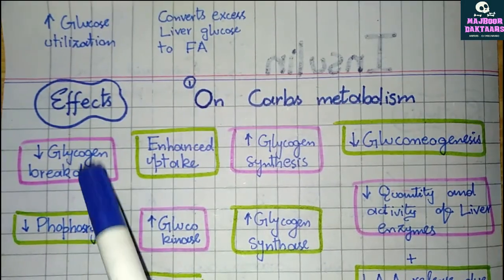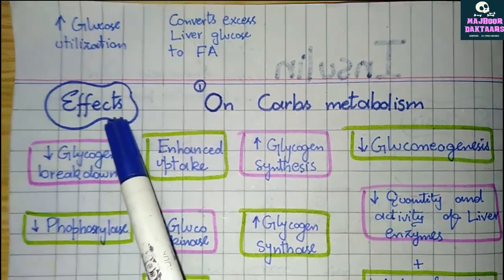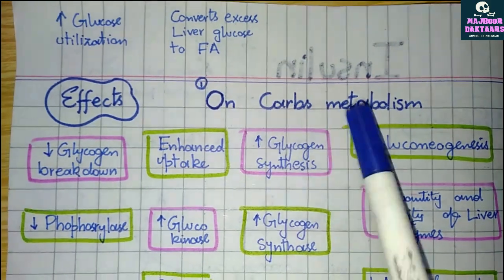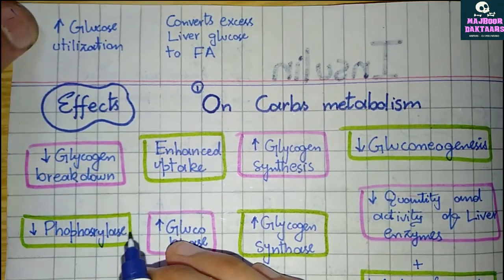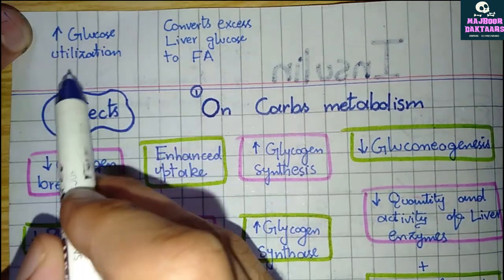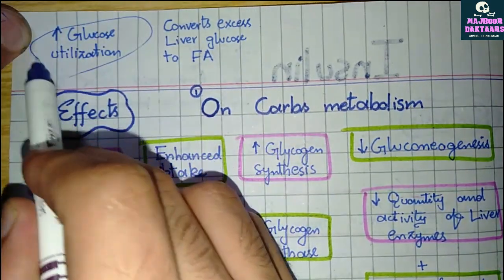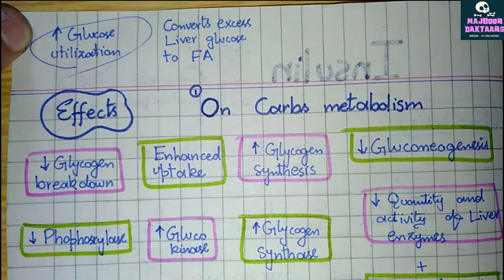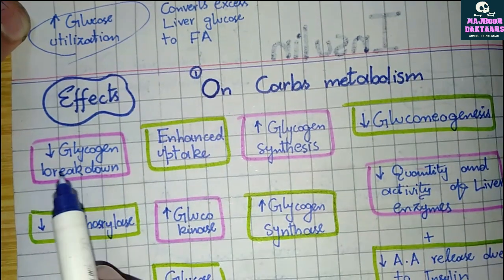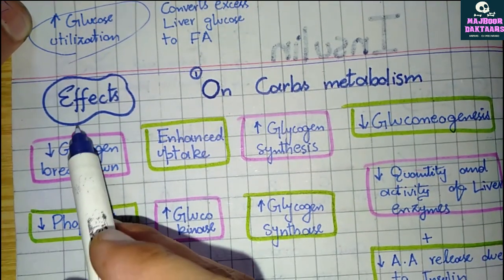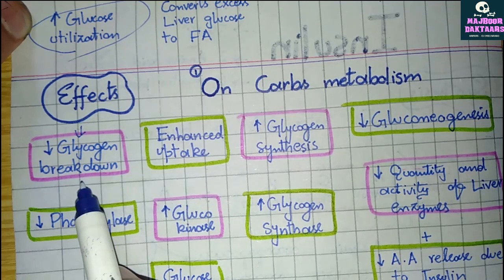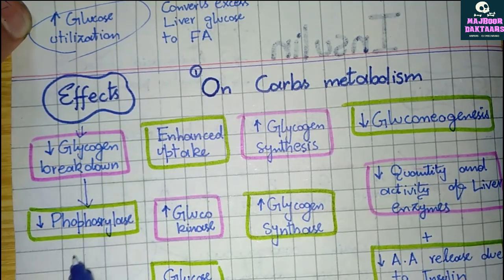Now talking about the effects of insulin on carbohydrate metabolism. Now generally speaking, insulin increases the glucose utilization. It decreases the breakdown of glycogen by decreasing the activity of phosphorylase, which breaks down glycogen into glucose.